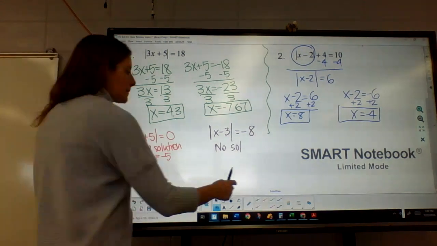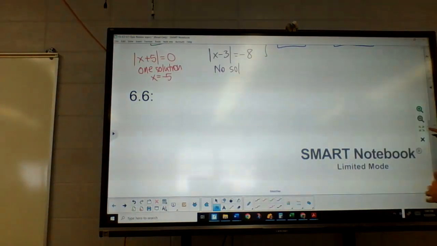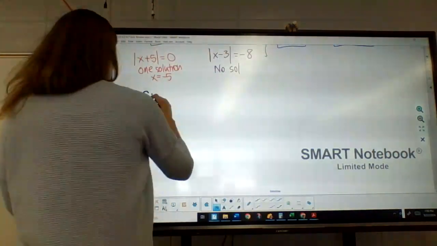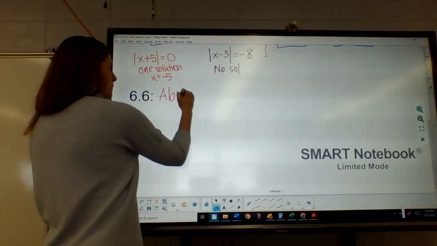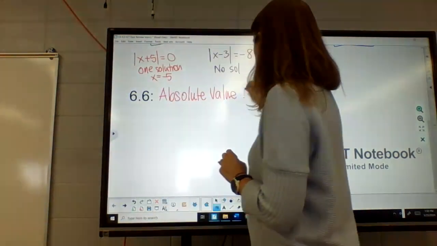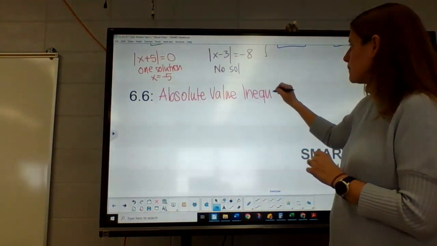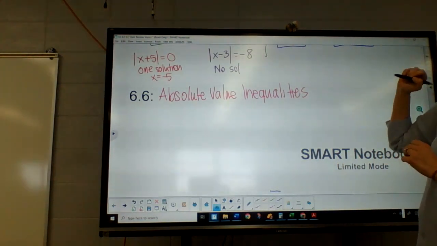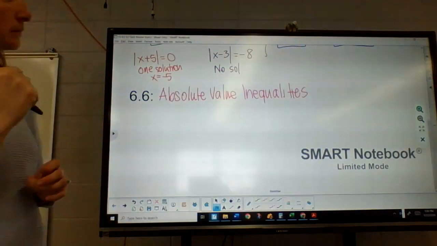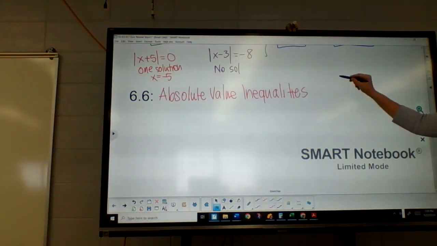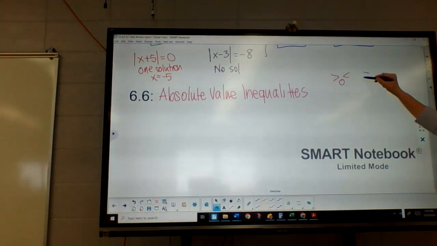So this is where we have the open versus closed circle.